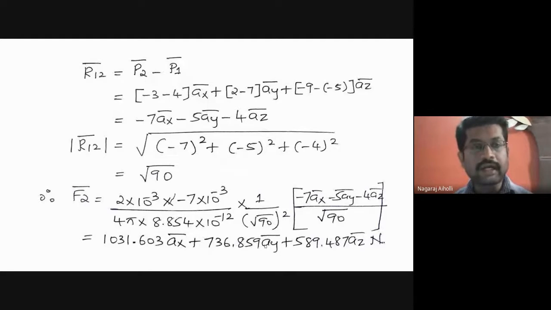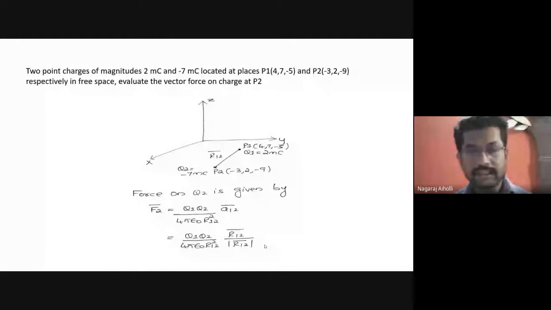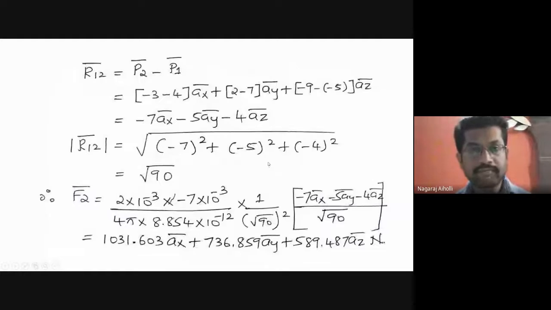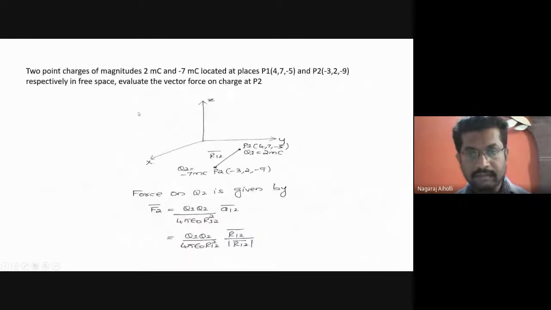Let us find R12, the distance vector R12 bar, that is destination minus source. Destination is P2, source is P1. Therefore, I'm writing it as P2 bar minus P1 bar. The point P2 is minus 3 AX plus 2 AY minus 9 AZ.